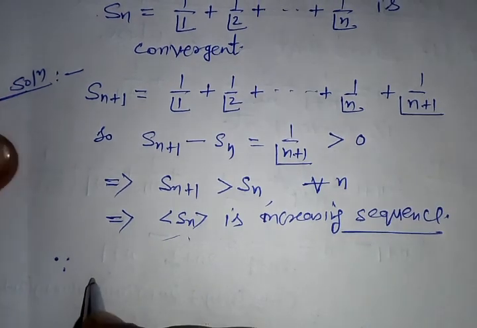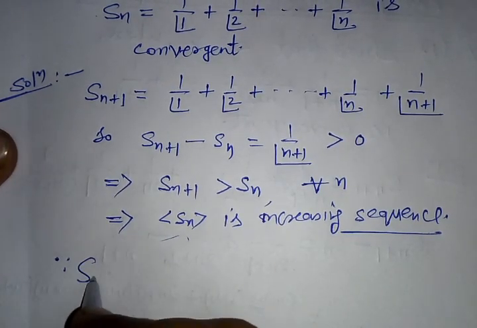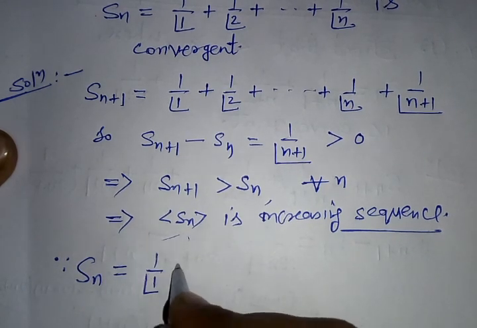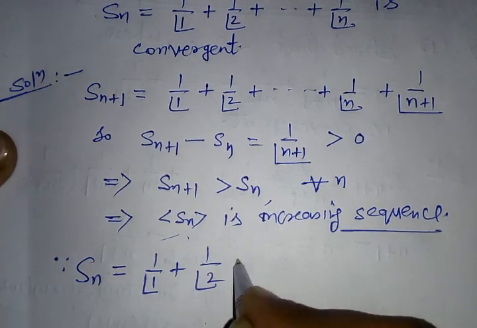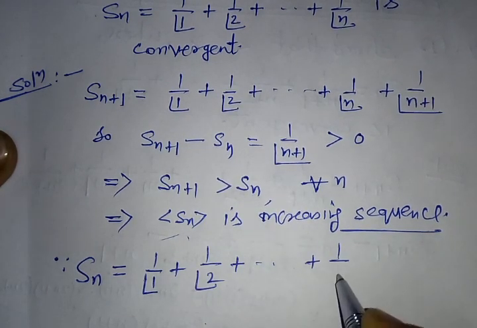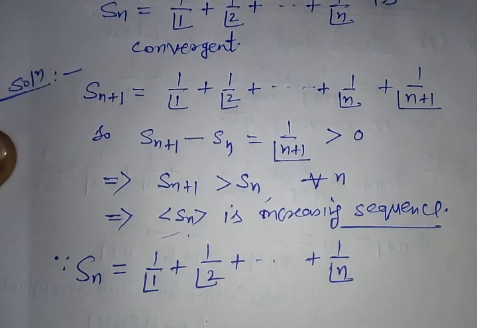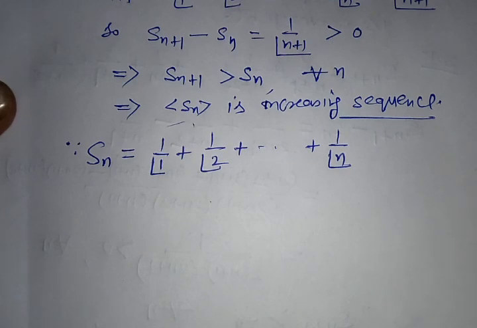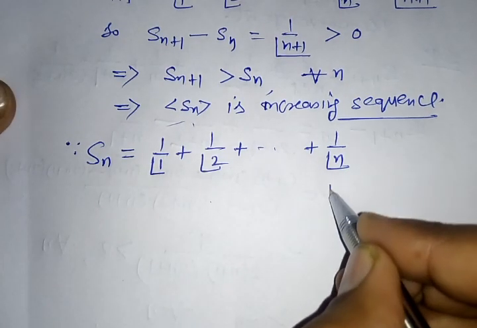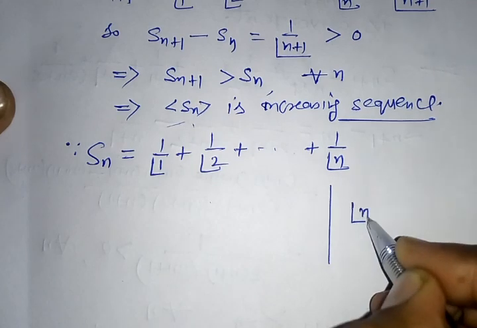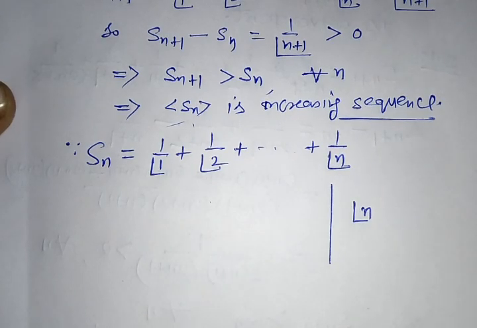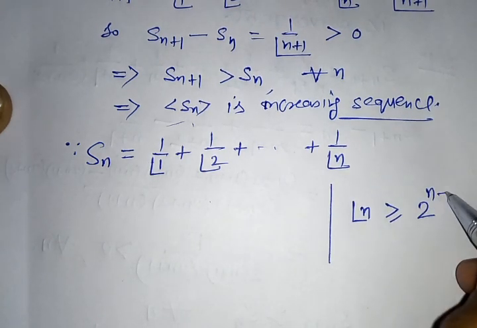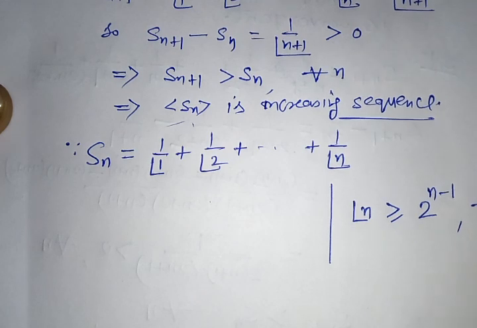Since Sn equal to 1 upon factorial 1 plus 1 upon factorial 2 plus up to 1 upon factorial n. And we know an important relation, that factorial n is greater than or equal to 2 raised to the power n minus 1 for each n.